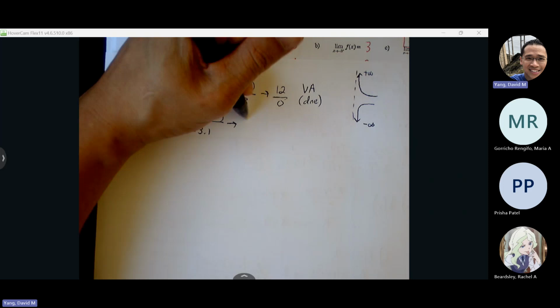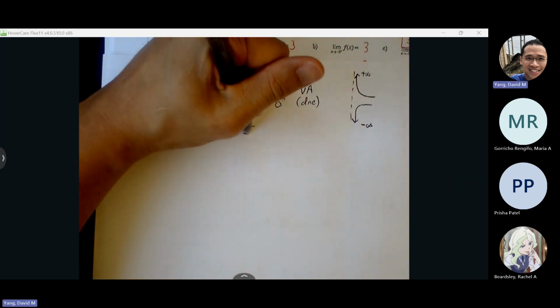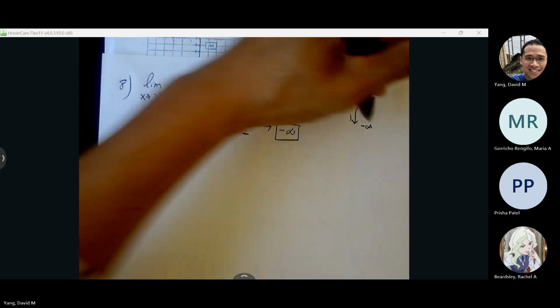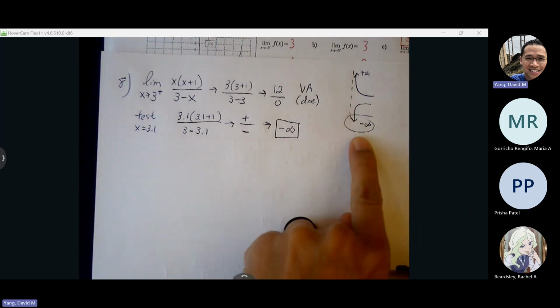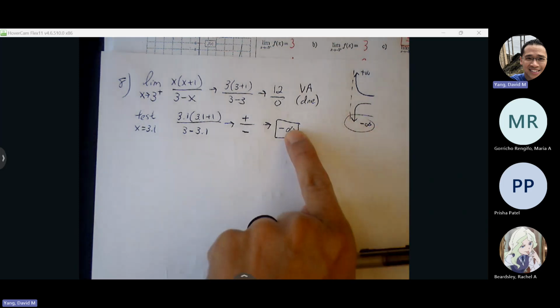Numerator, I get positive. Denominator, I get negative, right? 3 minus 3.1 is negative, so positive over negative is negative. So we know the graph is looking more like that: as it approaches the asymptote, it's going to hang down and go down towards negative.